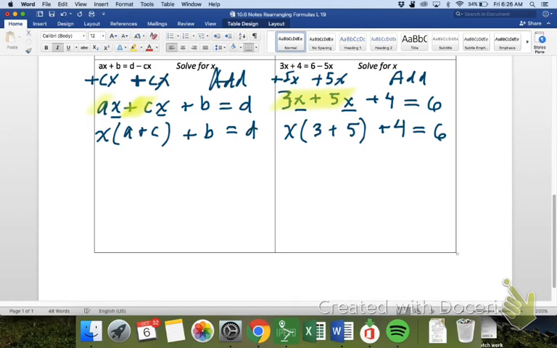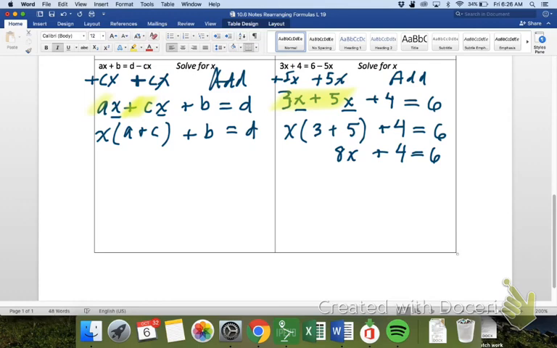Okay. In my related equation, of course, I know that 3 plus 5 is 8, so this becomes 8x plus 4 is equal to 6. I can't simplify a plus c in the same way I can simplify 3 plus 5 because a and c are not like terms, so I'm just going to leave it in parentheses.